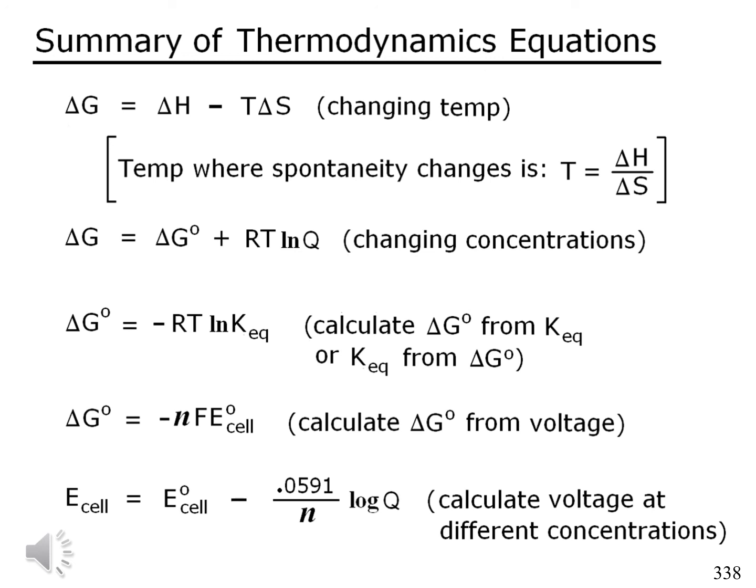And these equations are all back on page 338 in the book: the delta G equation for changing temperature, the delta G equation for changing concentration, the equation where you interconvert G and K, the one where you can take the voltage of a redox reaction and calculate G, and also the Nernst equation where you can calculate voltages at different concentrations.